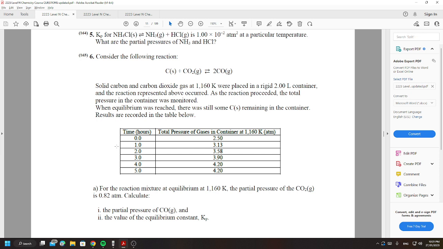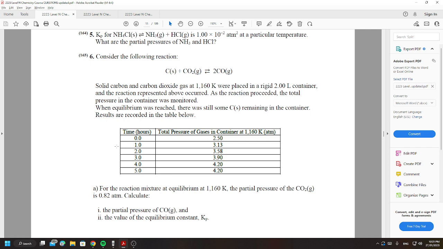For the reaction mixture at equilibrium at 1160 Kelvin, the partial pressure of the CO2 gas is 0.82.